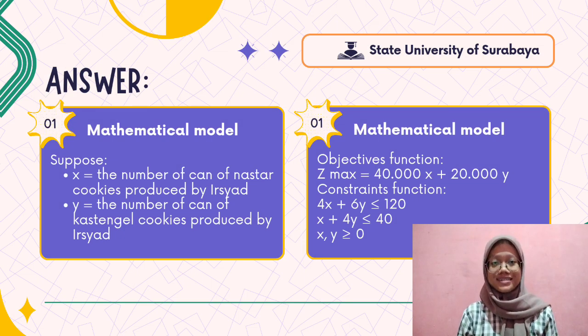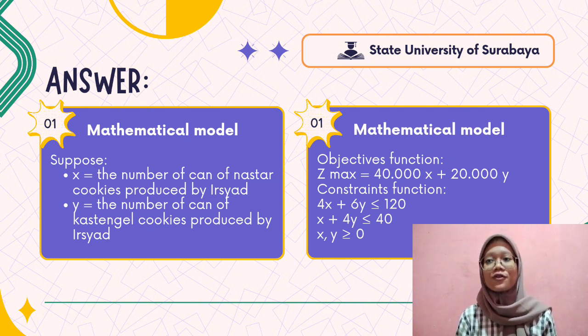Answer to number 1. The first is to determine the mathematical model of the case by supposing X equals the number of cans of nastar cookies produced by Irsyad and Y equals the number of cans of castengel cookies produced by Irsyad.